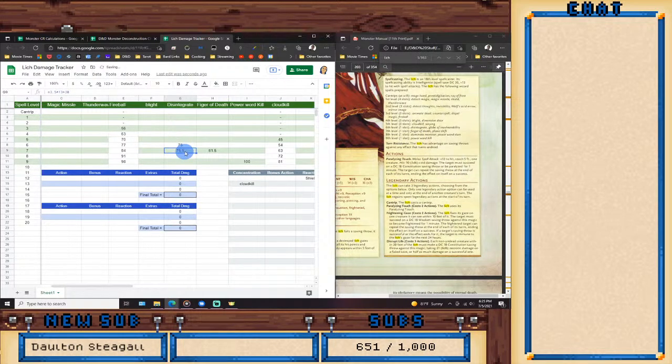Oh, what did I do? I messed something up. I think I need to put parentheses around stuff, because this should be working out higher. It shouldn't just be 75.